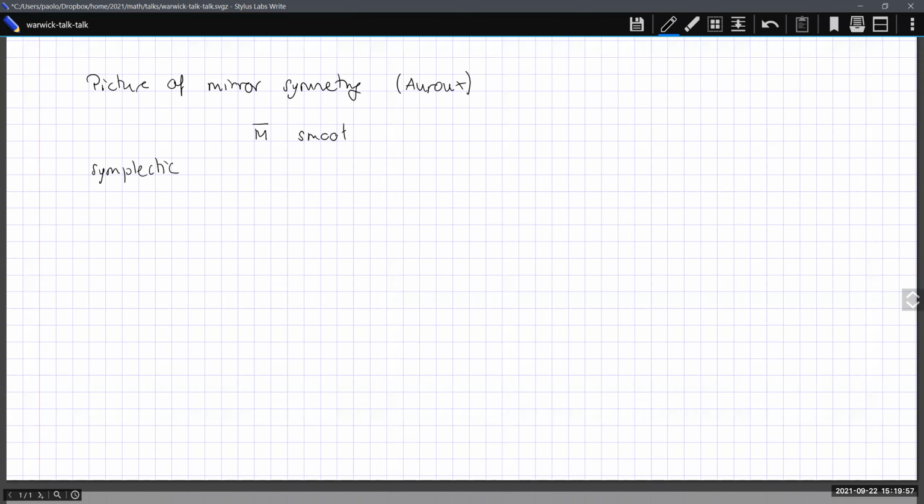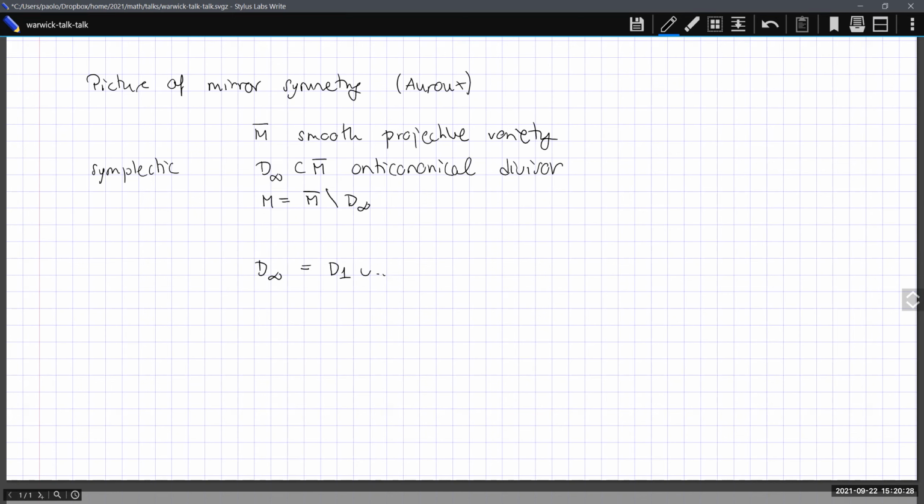So we start with a smooth projective variety and an anticanonical divisor. I actually want to make some assumptions here: this divisor should have simple normal crossings with multiplicity 1.